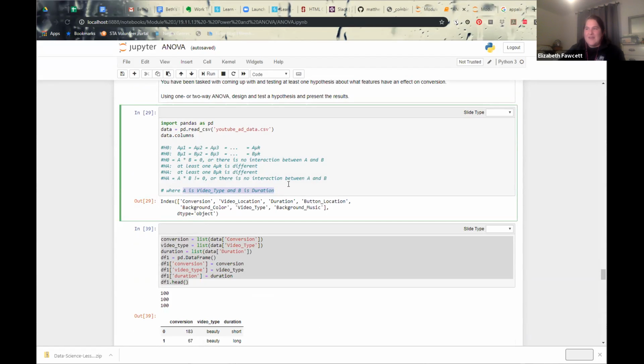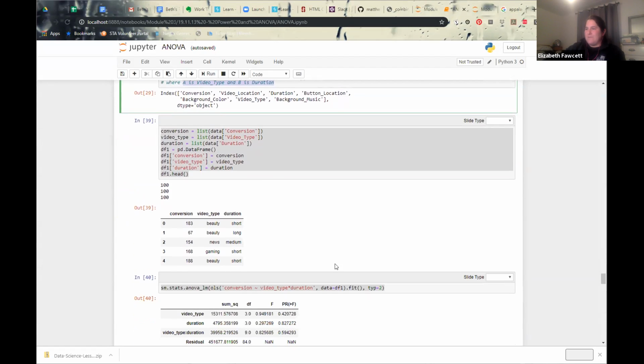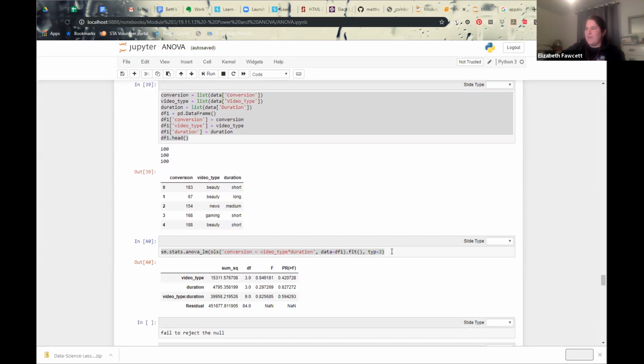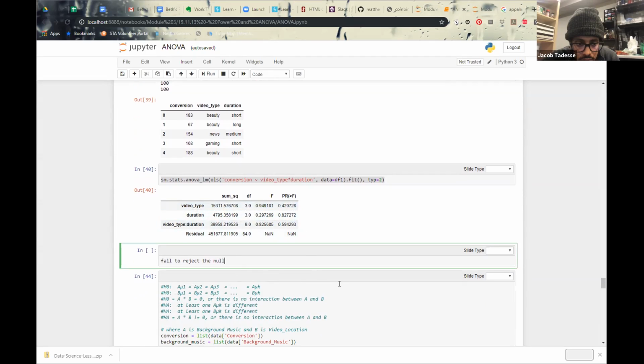I can understand a video being of a certain type and I can understand it being so long, right? So I set up my data frame and I ran my ANOVA on it, and I noticed that all of my p-values were not less than 0.05, so there was no correlation between any of them. So I failed to reject them all.